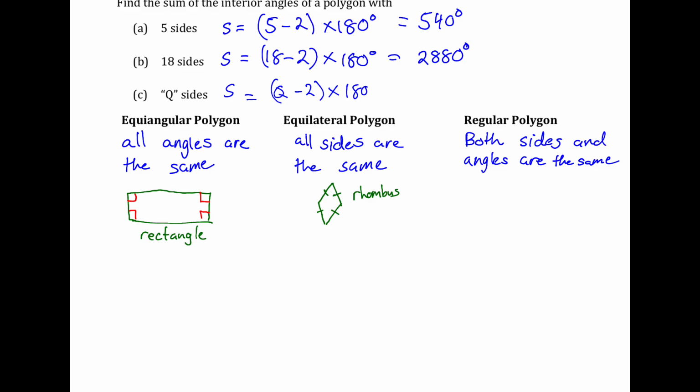So both all the sides and all the angles are the same. My favorite example of this is a square. All the sides are the same and all the angles are the same. Hopefully your square looks slightly better than mine, because my square looks a little sad.